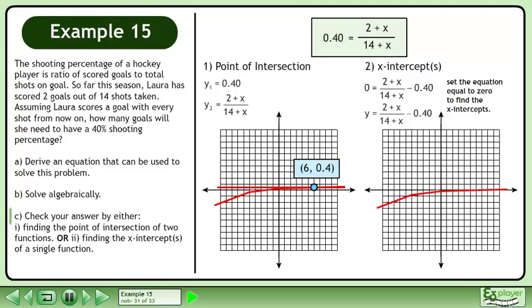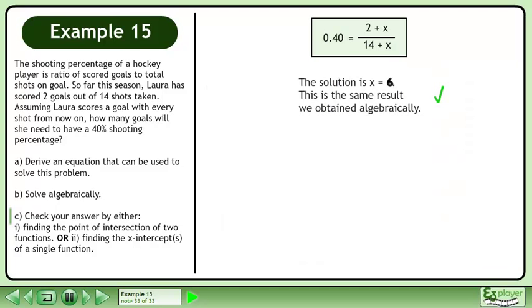Use your graphing calculator to draw the graph. The x-intercept is (6, 0). The solution is x equals 6. This is the same result we obtained algebraically.